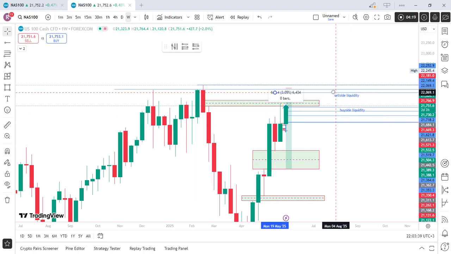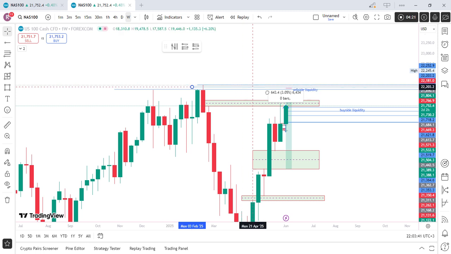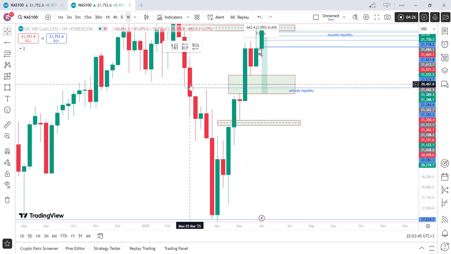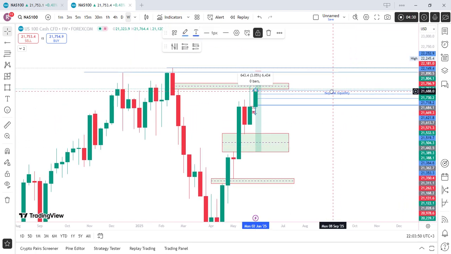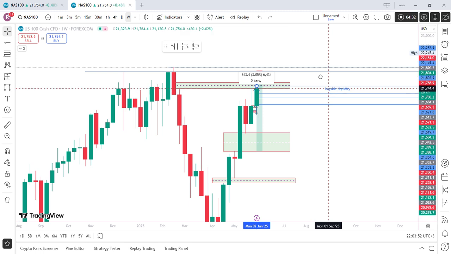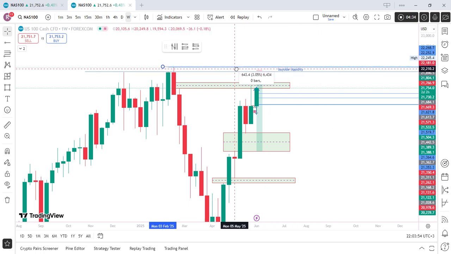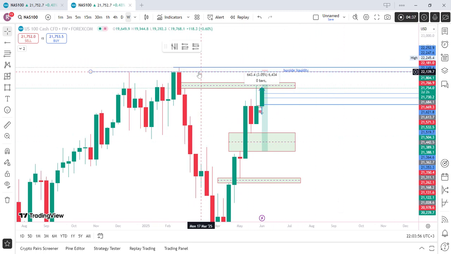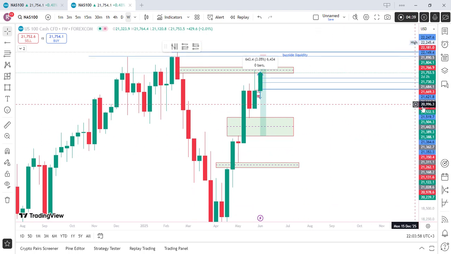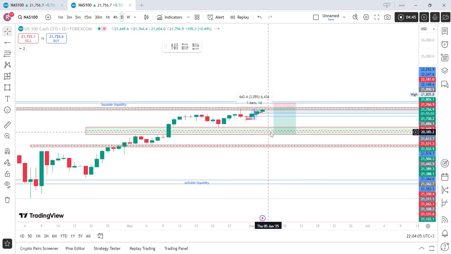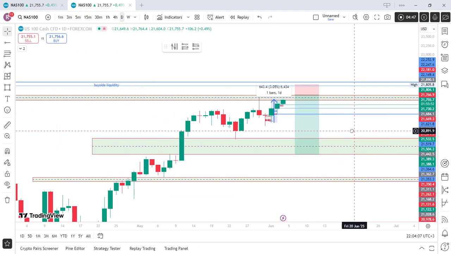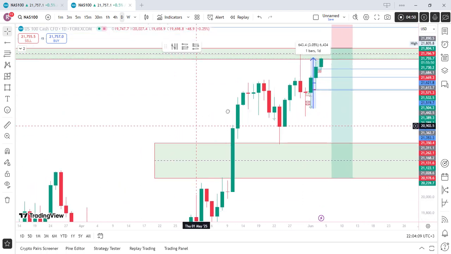Sell side is going to be down here, and buy side is going to be up here. Remember, this is on a weekly time frame, and it is the same thing if you go on a daily time frame. It's all the same thing.